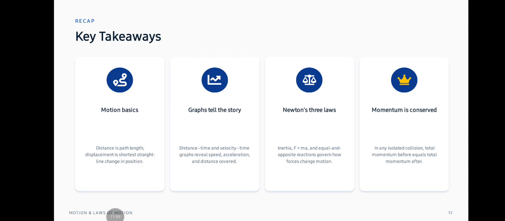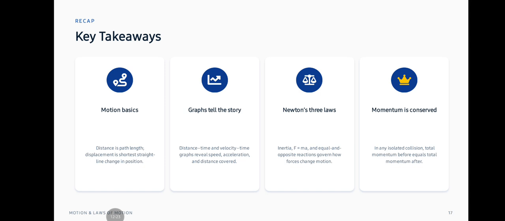Next are the key takeaways. These are the main recap of this session. Motion basics: distance is path length, displacement is a straight line change in position. Graphs tell the story: distance-time and velocity-time graphs reveal speed, acceleration and distance covered.